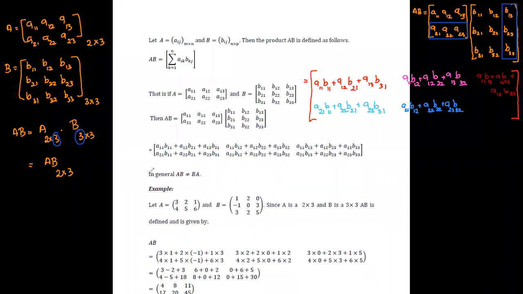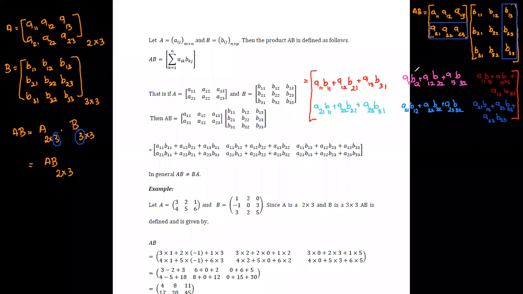If you perform this calculation, then we will get this calculation as A21 with B13 plus A22 with B23 plus A23 with B33. Likewise, we can obtain the calculation.